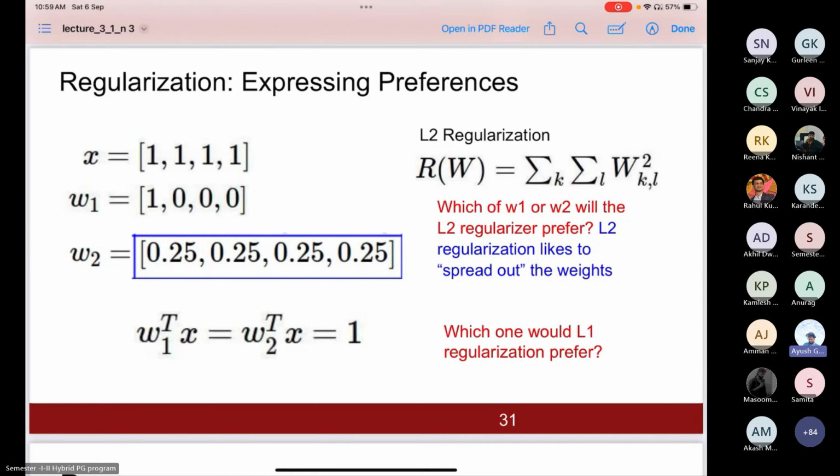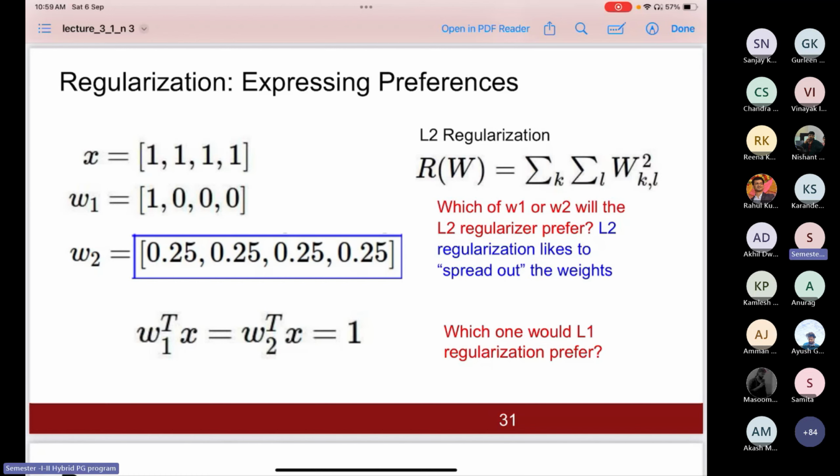So W2 seems in range, but W1 at certain points will give you absurd values. So I prefer to go with W spread out values, because this is what we require in a model. Okay, fine.